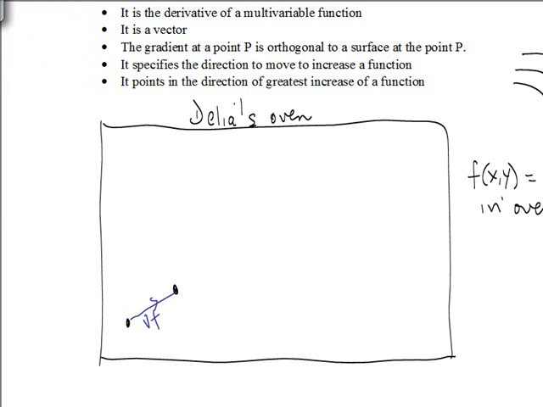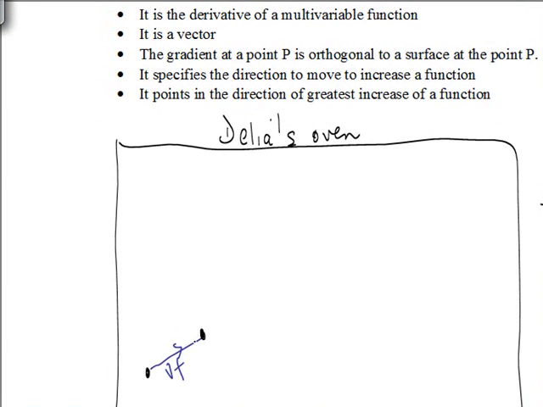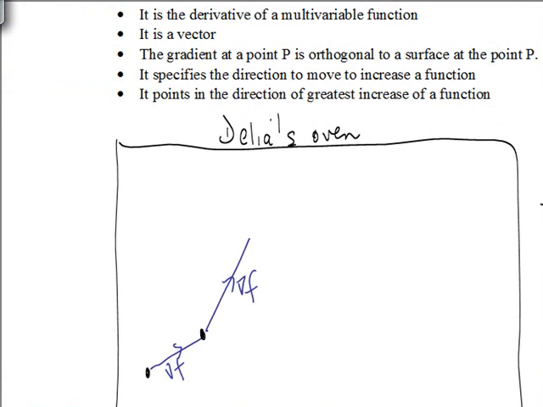So this is where my cookie is now. Now at this new point, I calculate the gradient again. Del f at the point, and I move my cookie in this direction. I do that.